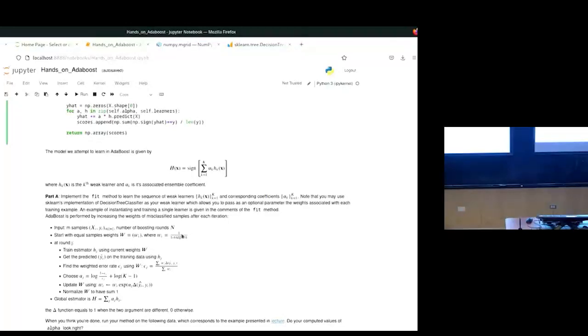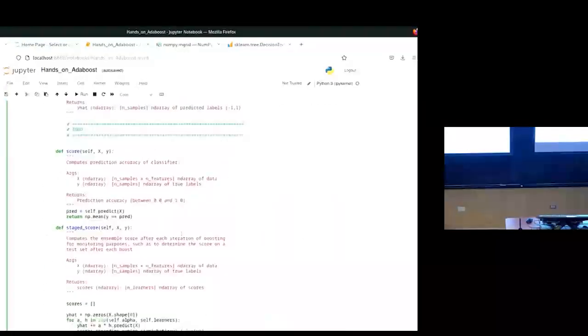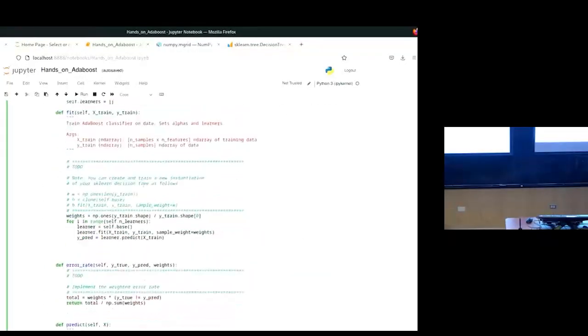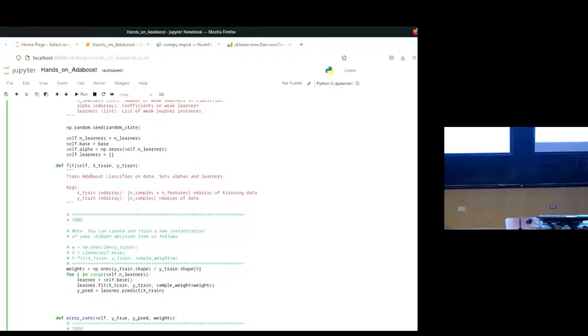All right, so now we have the error rate, so we're going to compute the alpha j associated with the learner, okay? And that's basically what we are going to store in self.alpha, okay? So we have error, self error rate of y train, y pred, and weight.